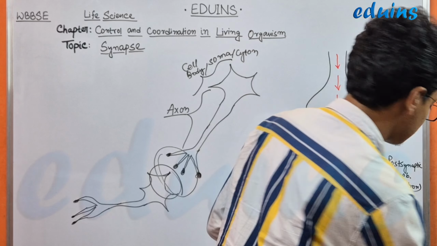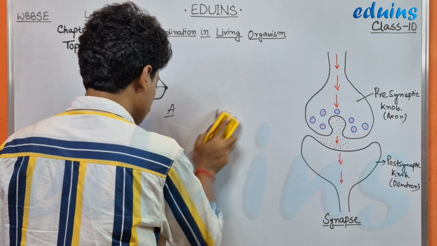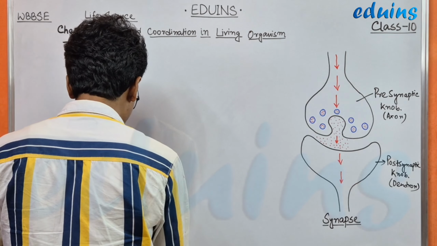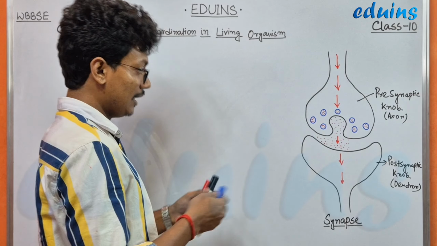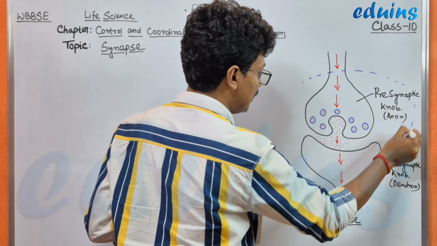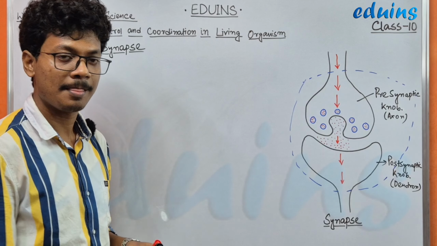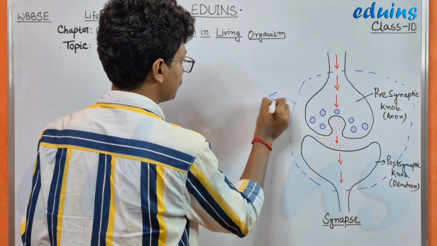So a synapse is the junction between two neurons, and it is made up of both axon and dendron. This total part is the synapse.